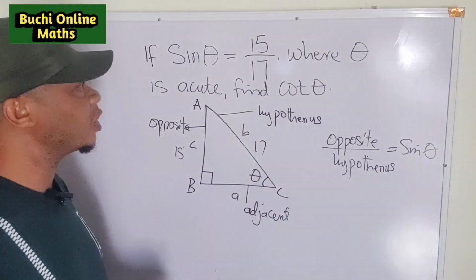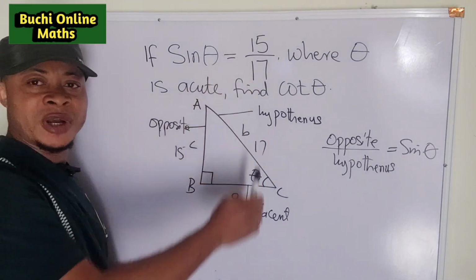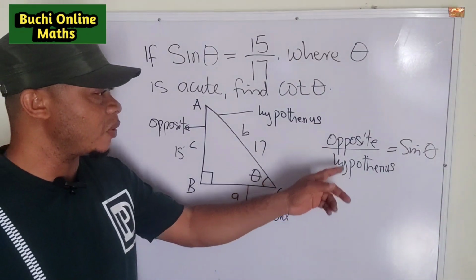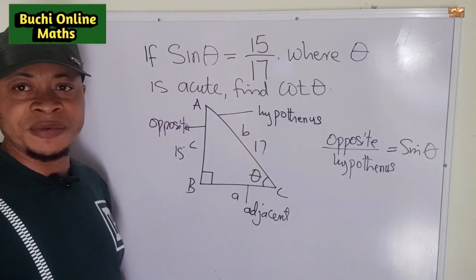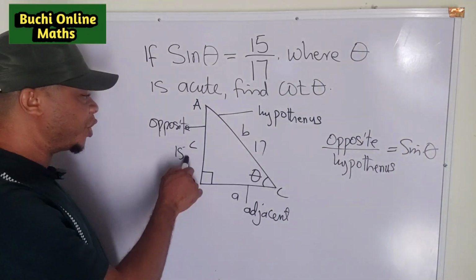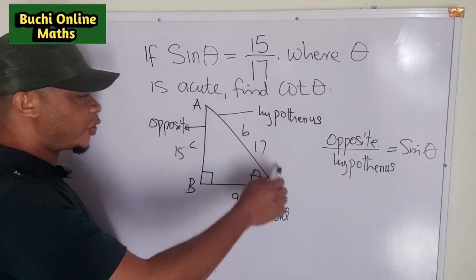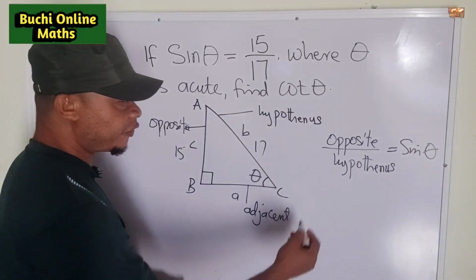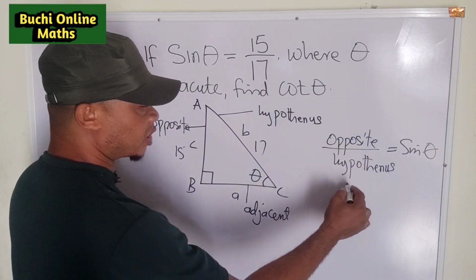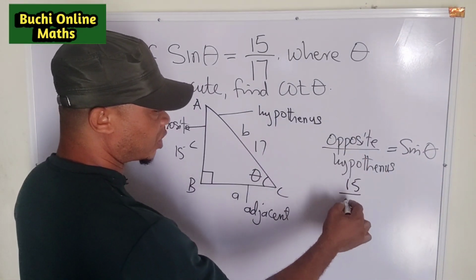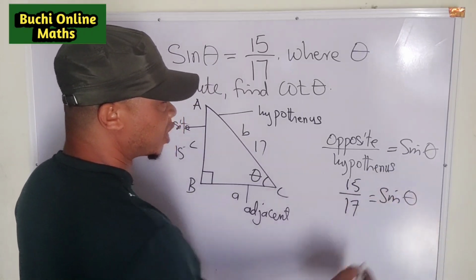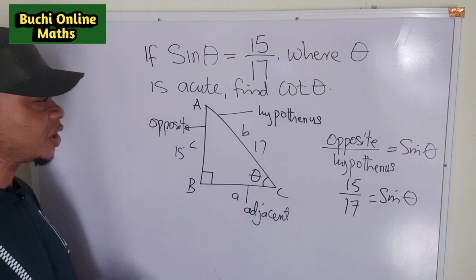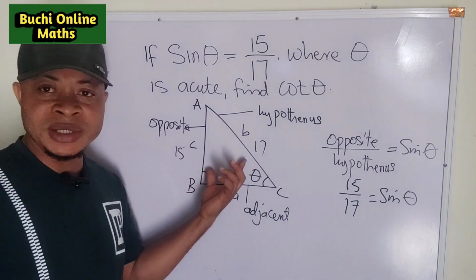From the question, sine theta equals 15 over 17, and we know that sine theta equals opposite over hypotenuse. That means the upper part of the fraction, the numerator, will be the opposite, while the denominator will be the hypotenuse. Okay, so this is how to label the triangle.